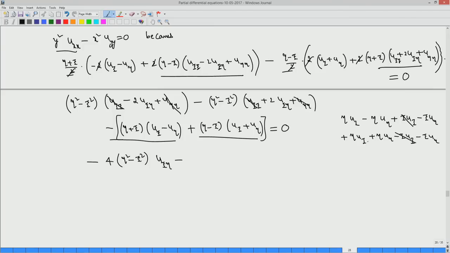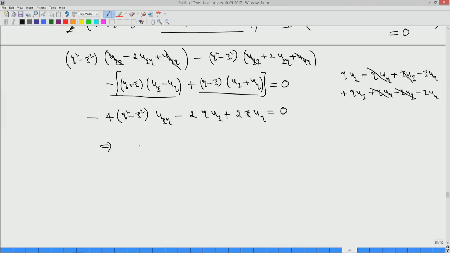So, you can see that these are cancelling. So, you have to write what is left here. What is left here is 2 times eta u xi minus 2 times minus plus, okay, this becomes plus 2 times xi u eta equal to 0.